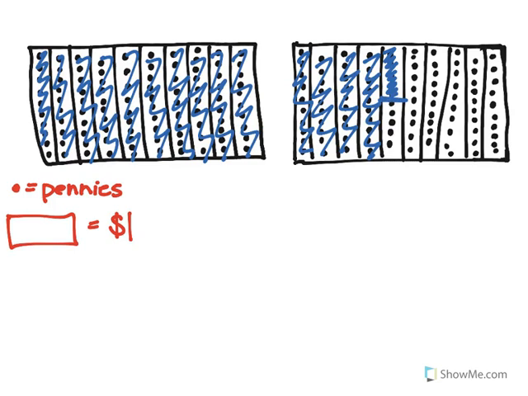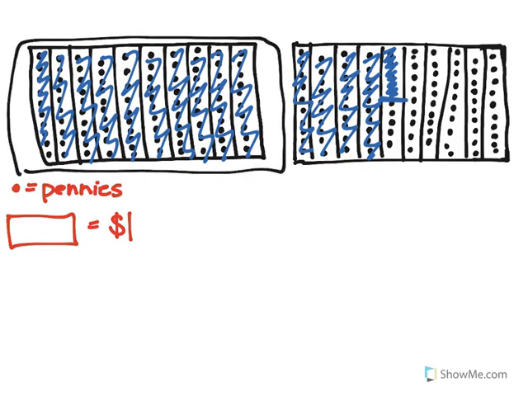I want to create a decimal of this. If I have one whole dollar, what side of the decimal do I put it on? You're right. The left side shows the whole amount. So I'm going to take this whole dollar and write a 1 to represent it, because I have one whole.